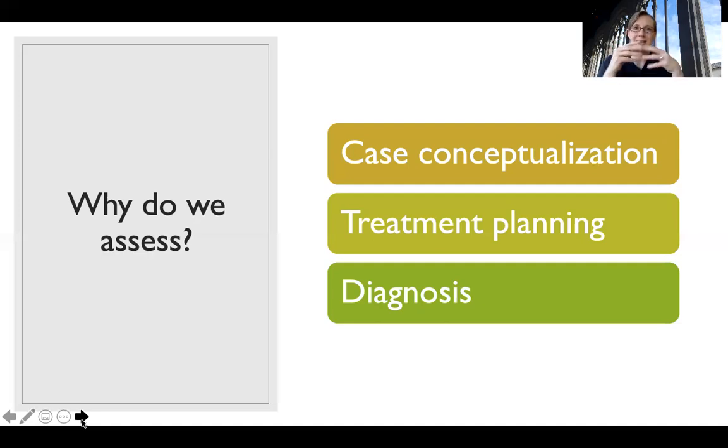It can be unhelpful to have an identified patient who has the problem, but also it can be unhelpful for the entire family if they're trying to conceptualize one person as being the problematic person, instead of recognizing how the whole system is contributing to that, and also internal systems. So being able to do all of those purposes of case conceptualization, treatment planning, and diagnosing is important.